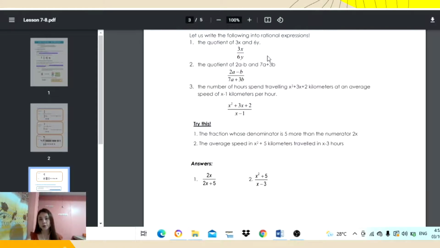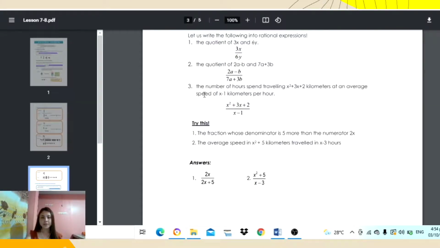Or in fraction form, the first expression will be the numerator, and the second one will be the denominator. So in number 2, we write 2a minus b as the numerator over the denominator, which is 7a plus 3b. So this is the rational expression for this statement.